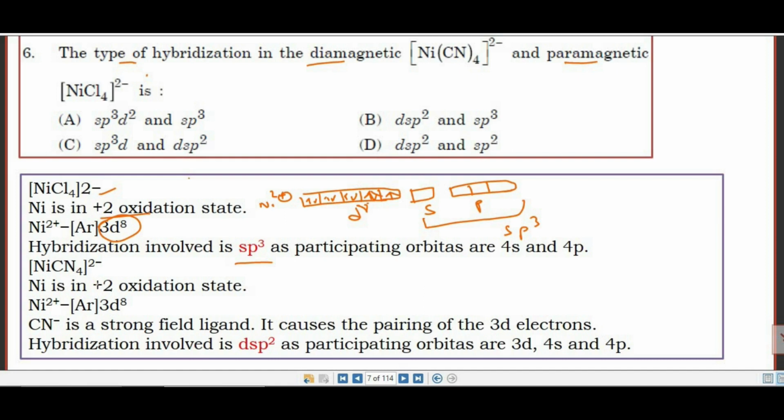Whereas in Ni(CN)4, you have a very strong ligand. Here Cl4 is a weak ligand and CN4 is a strong ligand. All the electrons will get paired. Ni2+, 1, 2, 3, 4, 5, 6, 7, 8.